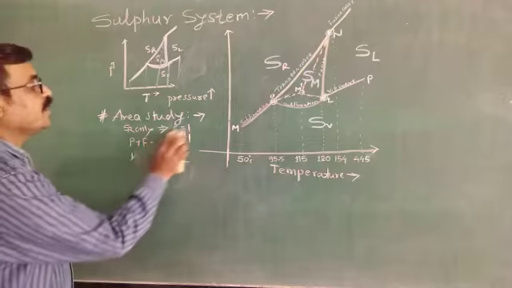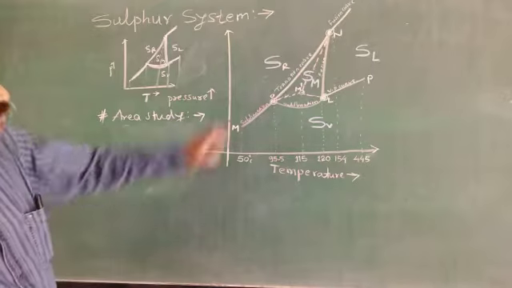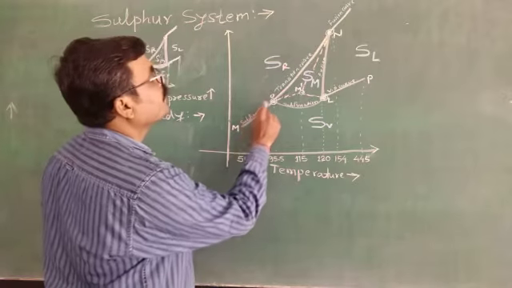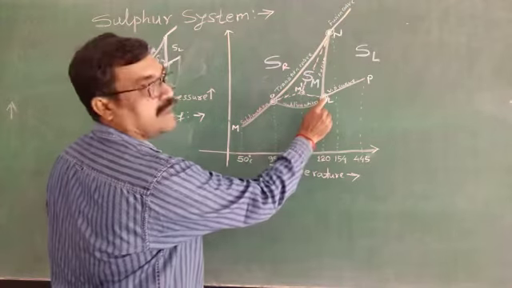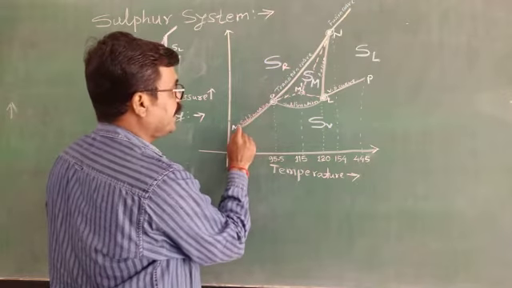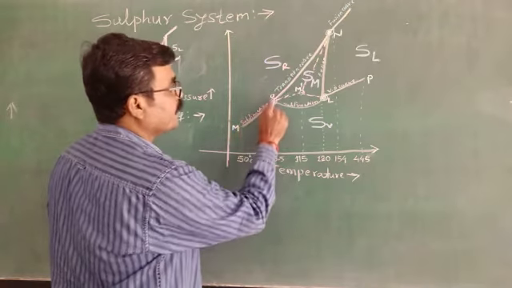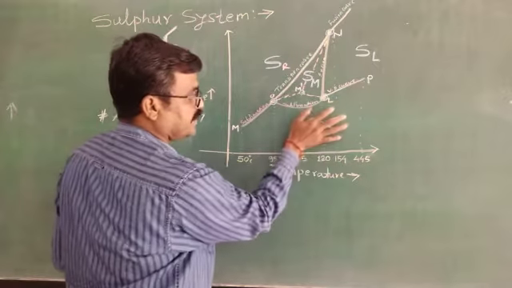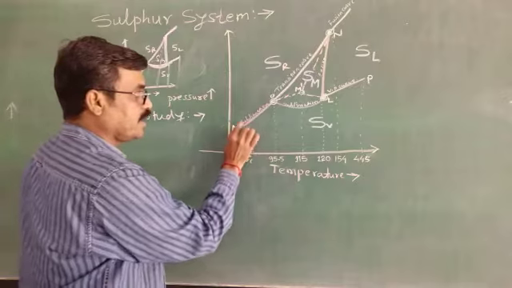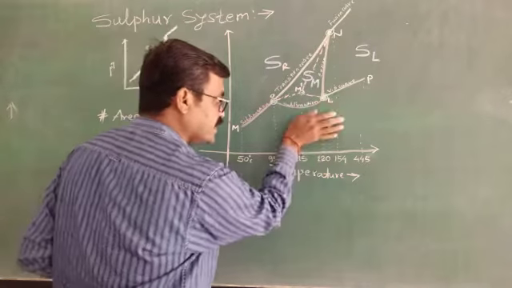Now see another area. We have seen the area above curve MOL, or one can say the area below curve MOLP, means this area.